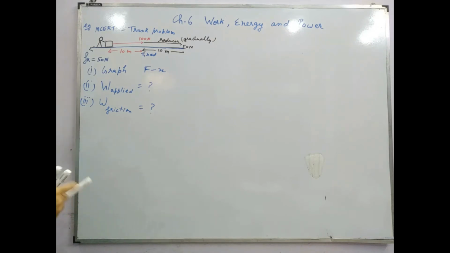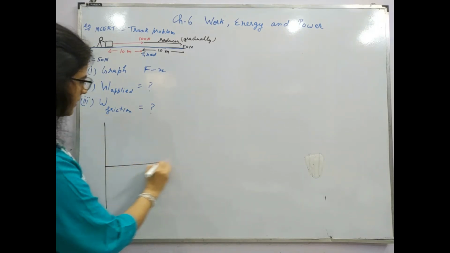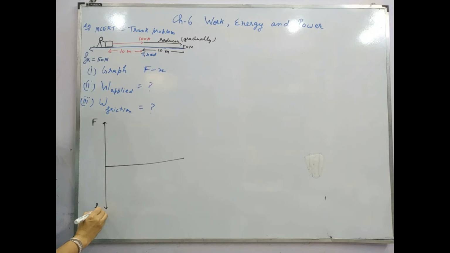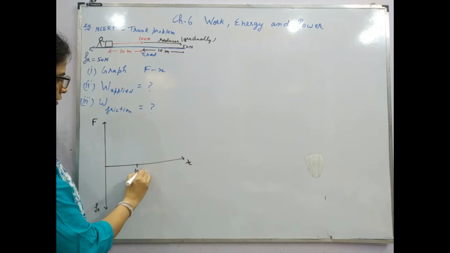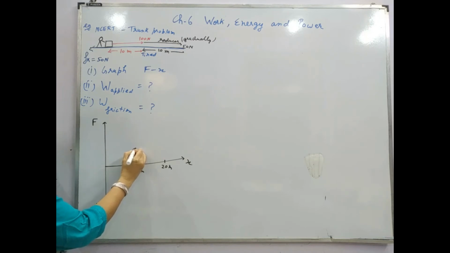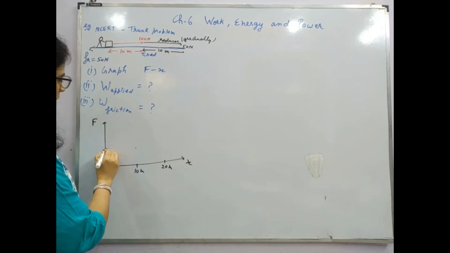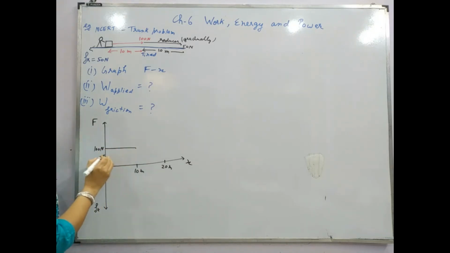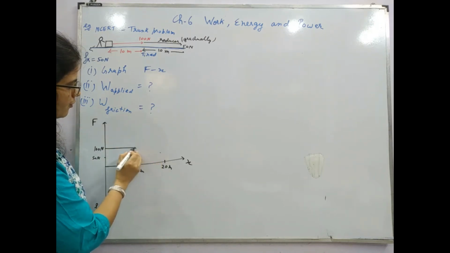So for drawing the graph, the concept is very simple, beta. You know that the friction force is in opposite direction. So friction will be taken in minus y direction and the applied force will be taken in positive direction, displacement along this direction. So we are marking 2 points of displacement, 10 meters, and here it becomes 20 meters, right? Up to 10 meter, the force is constant, that is 100 Newton. So this point is 100 Newton. And then gradually the force reduces to 50 Newtons.